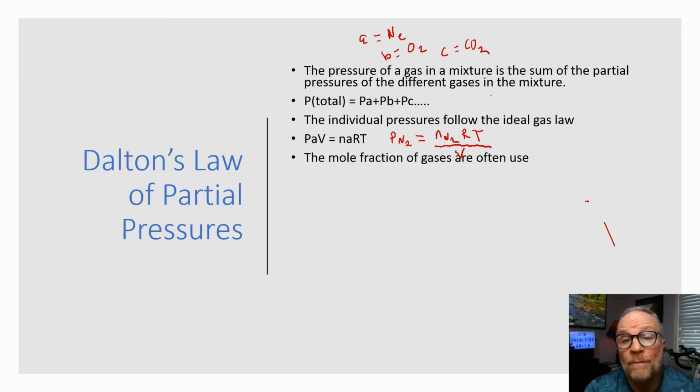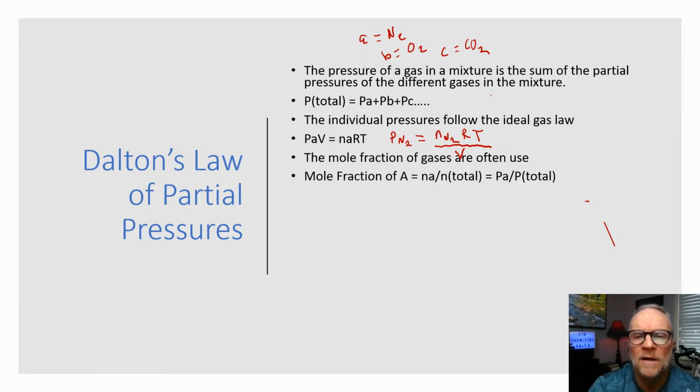Sometimes if you have maybe the mole fraction or just the partial pressure of one gas, you can use those to figure out the other variables. And so the mole fraction of A, sometimes referred to with this funny little X notation here, is equal to the moles of A over the total number of moles. This value is also equal to the pressure of that gas over the total pressure of the container.